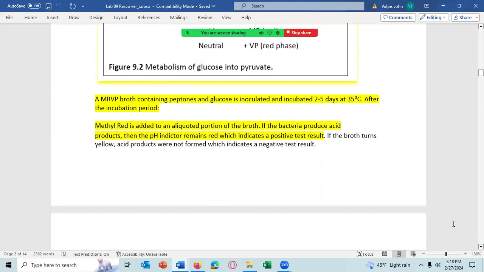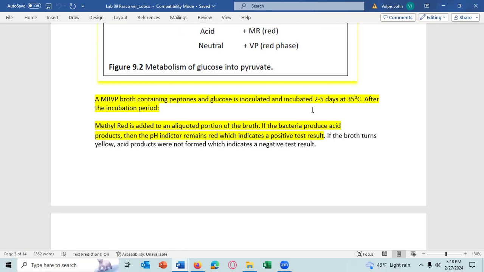All right, MRVP contains peptones and glucose, and it's usually incubated for 2 to 5 days. Let me see, the MR test requires 5 days. The VP test requires 2 days. And usually what we do is we just grow it for 5 days, and then it's good for the MR and VP tests.